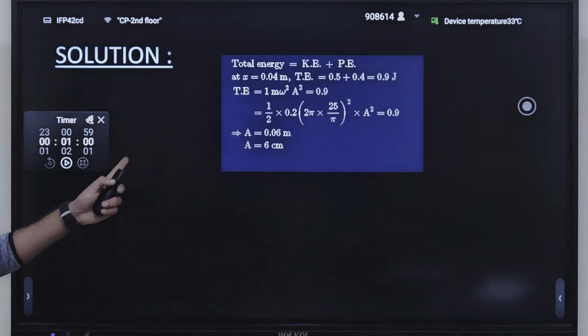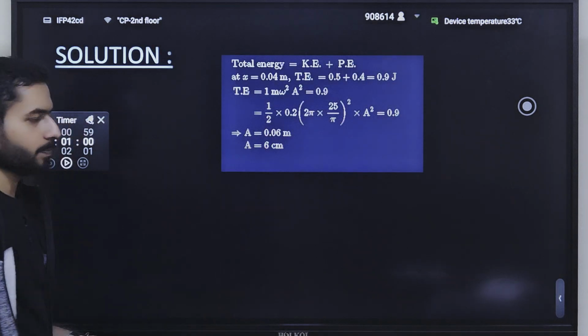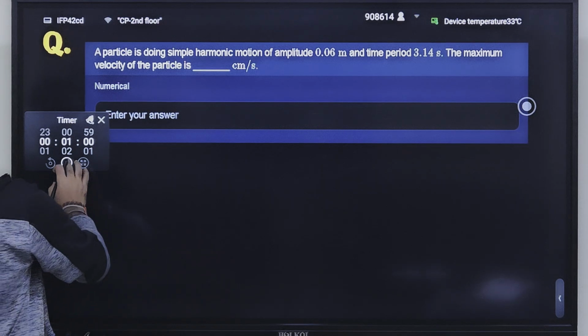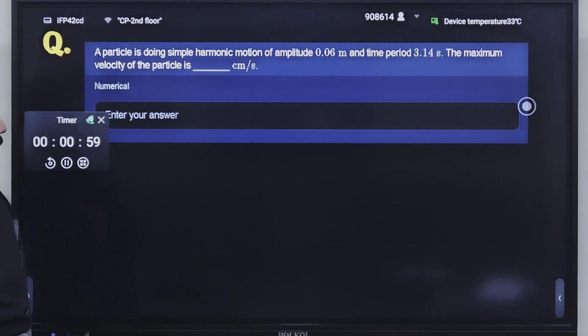Let's move to the next question. Answer is 6 centimeter. Solve this question, 1 minute.